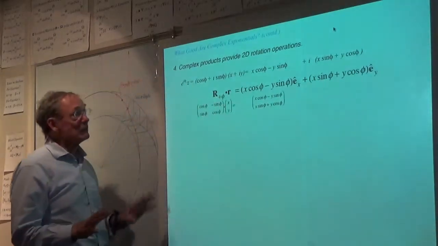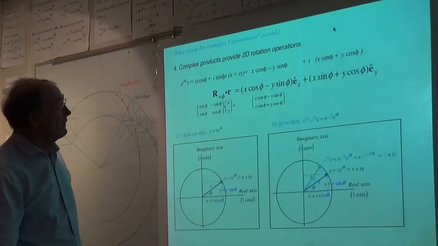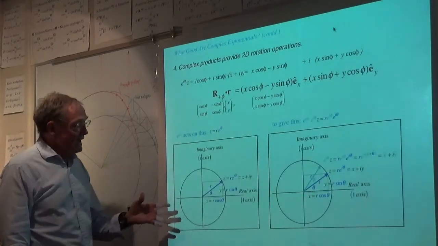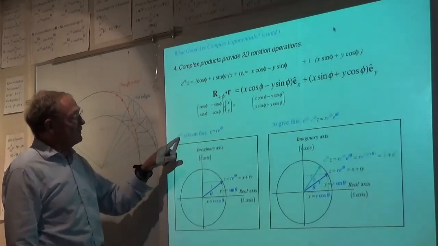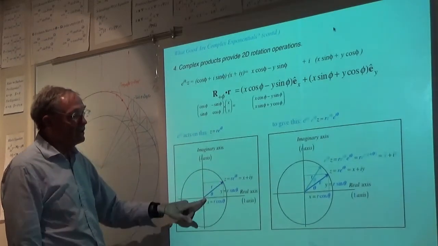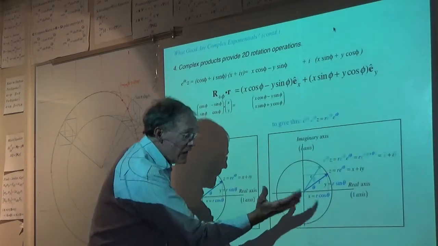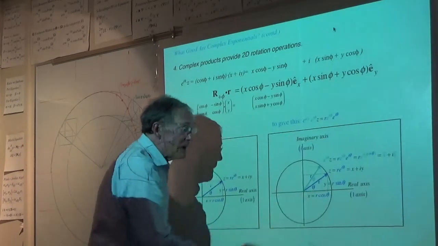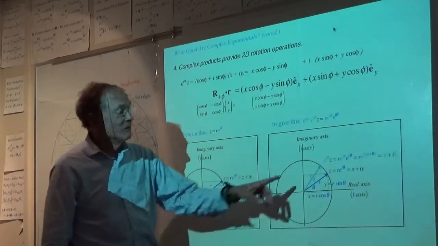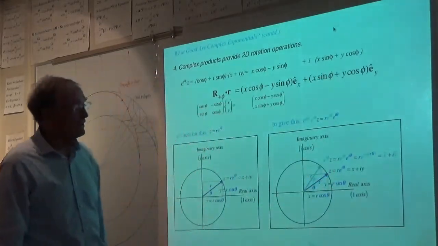So that relationship is worth knowing and then thinking about. If I have this z sitting right here and I act on it with e to the i phi, then it is going to rotate me counterclockwise if phi is positive. And this expansion is showing that right there.